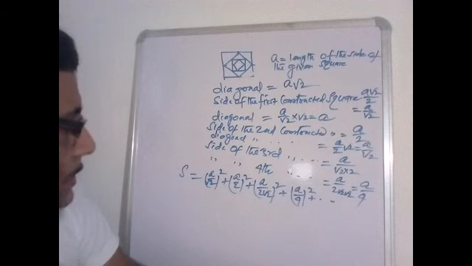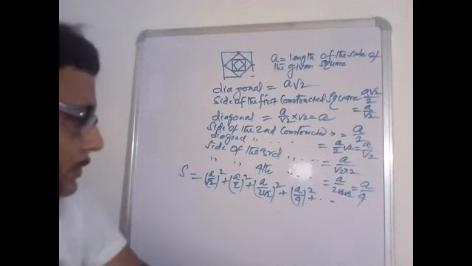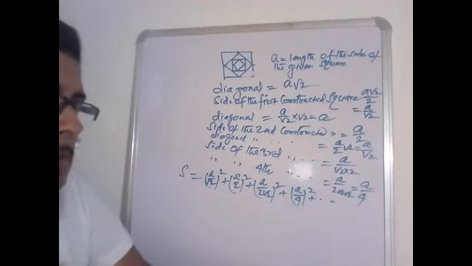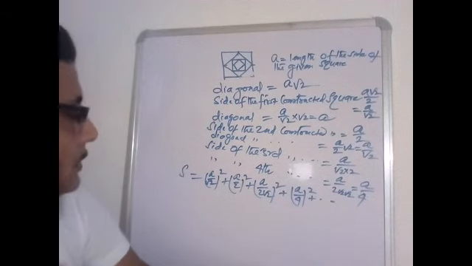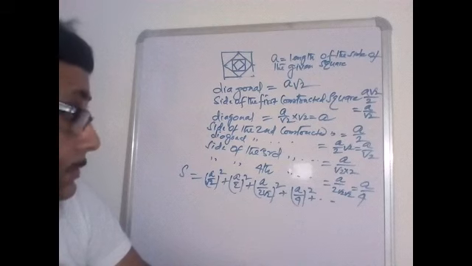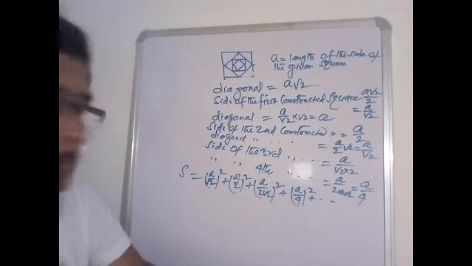We have already known the sum of the infinite geometric series. Sum of the infinite geometric series is equal to the first term of the series divided by 1 minus common ratio.